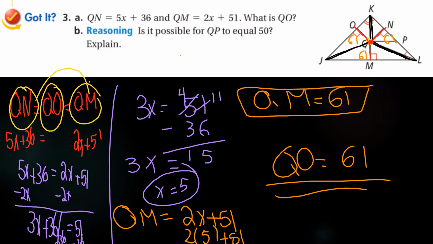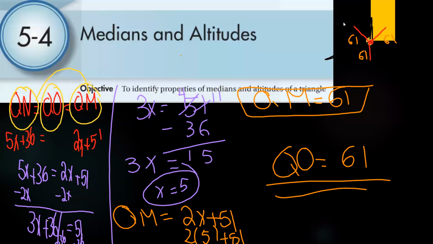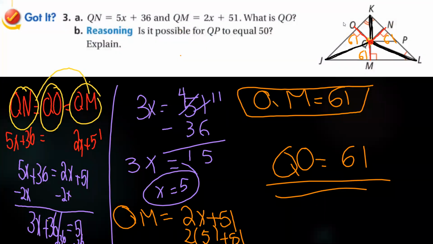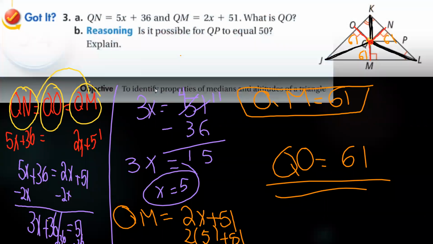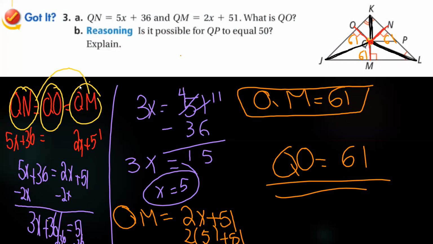Look at the distance here. If this is 61, could this one be 50? No. From your eyes you will see that the length of QP is greater than QN.